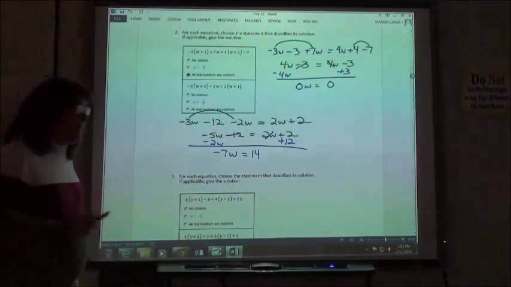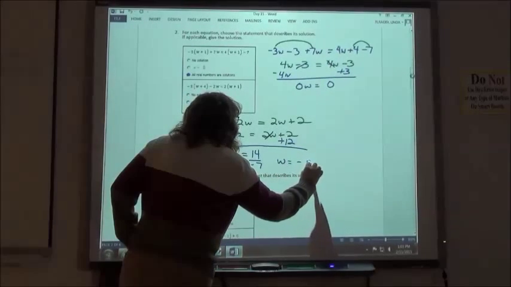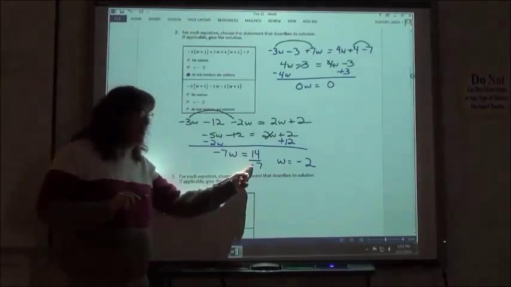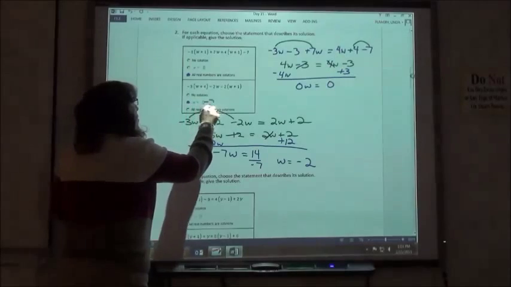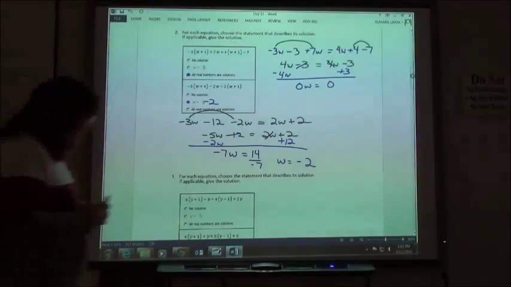And then dividing, you're going to get W equals 2. How about negative 2? Oh, negative. Positive divided by a negative is going to give me negative. So you wouldn't want to do all that work just to miss the sign on the very last step. I know, right?